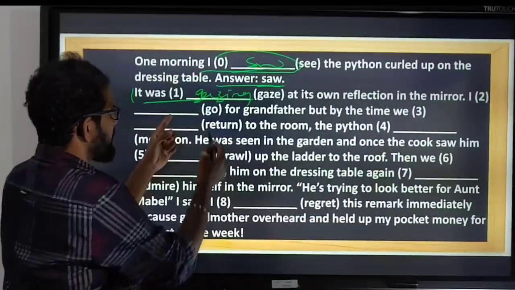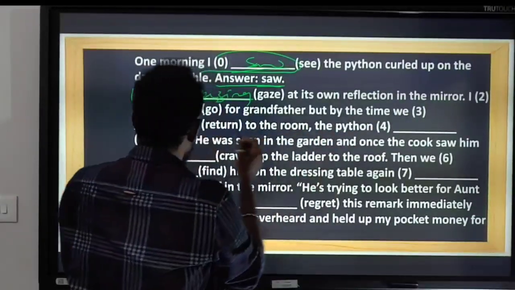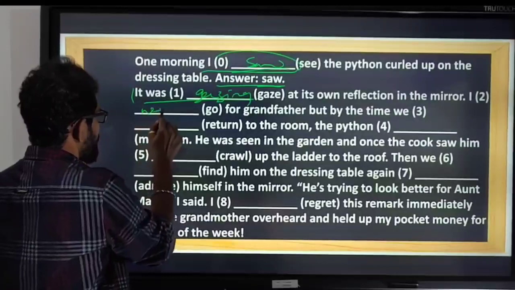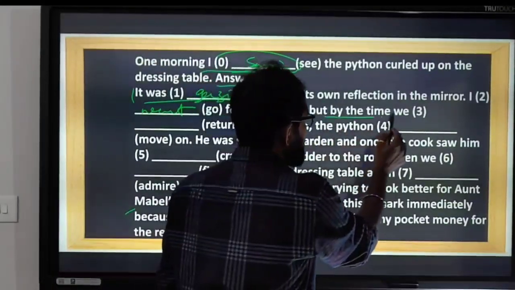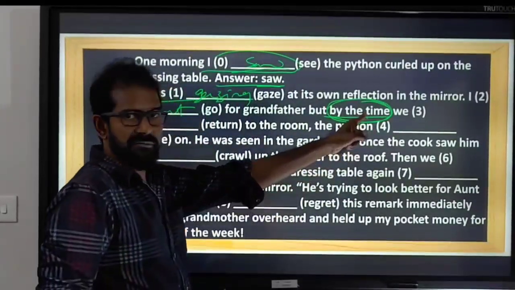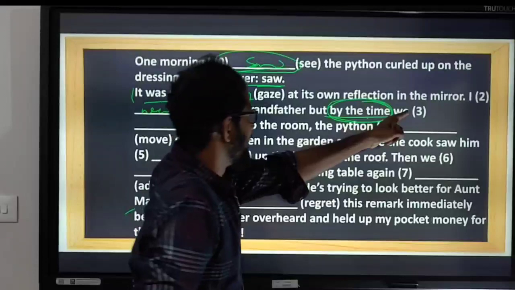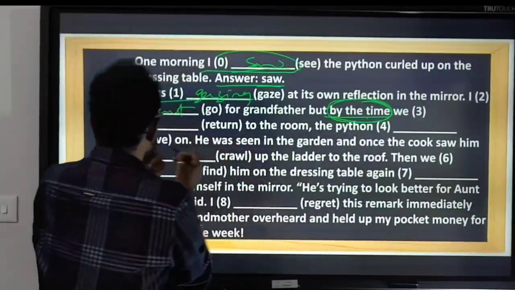I went for grandfather, but by the time, look here, linker, by the time we returned to the room, the python moved on.